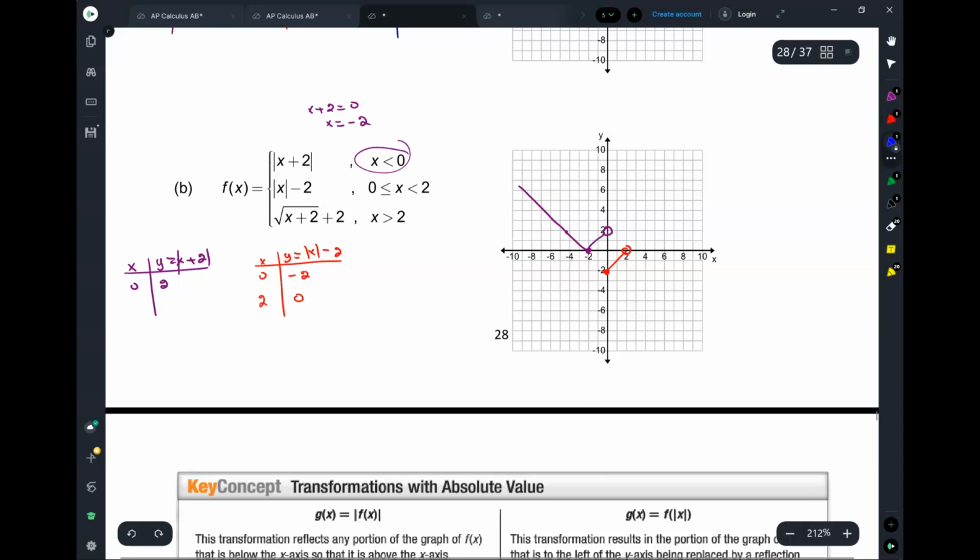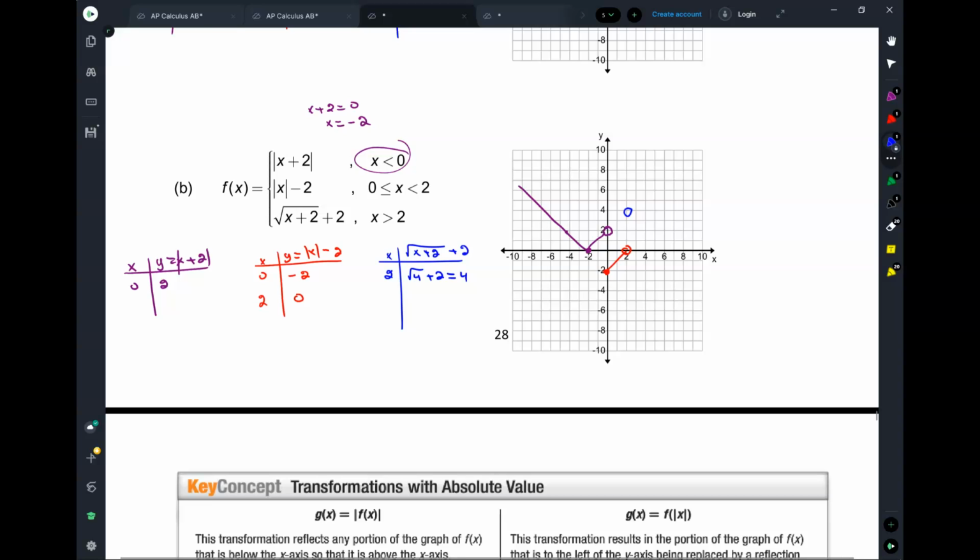Lastly, I have a square root function. I'm going to plug in a 2, and I'm going to get root 4 plus 2, which is 4. And that's an open circle. Next, I want to pick a value for x that's going to make the radicand a perfect square.